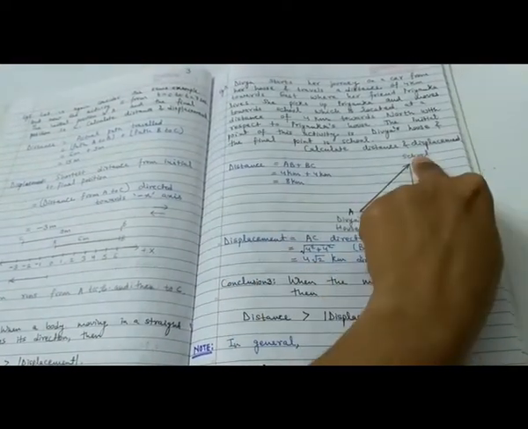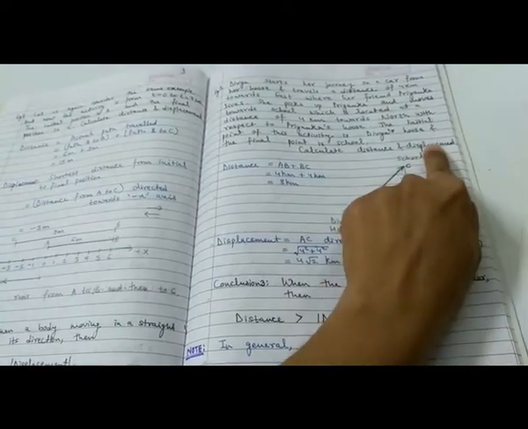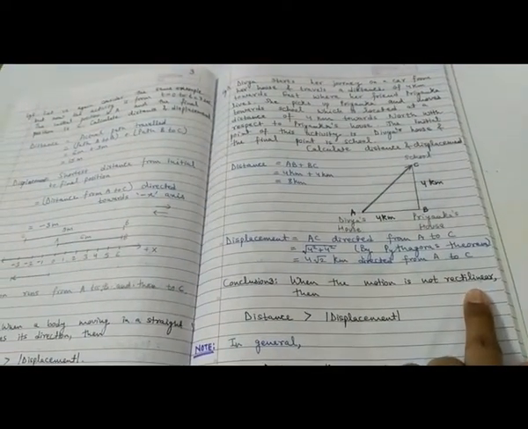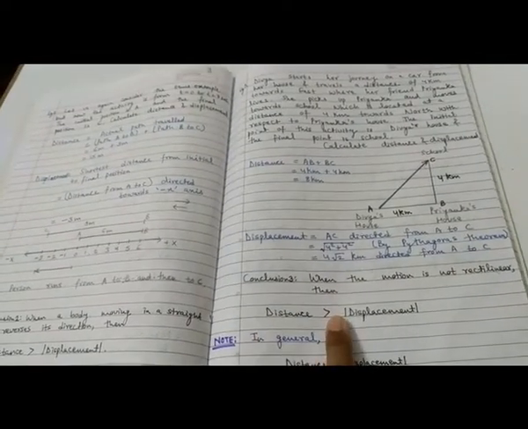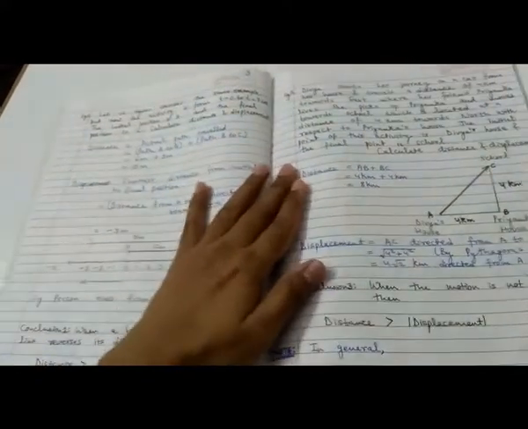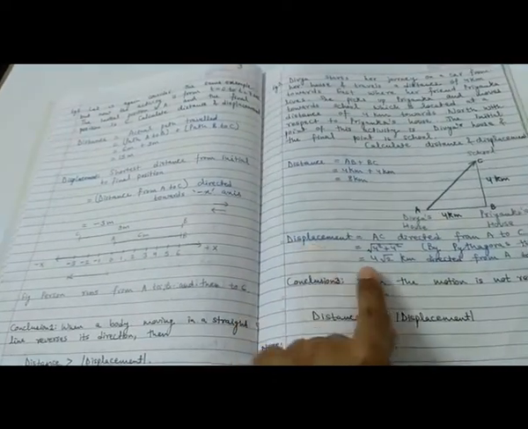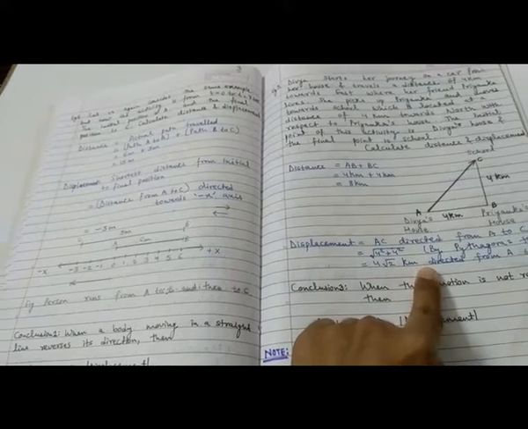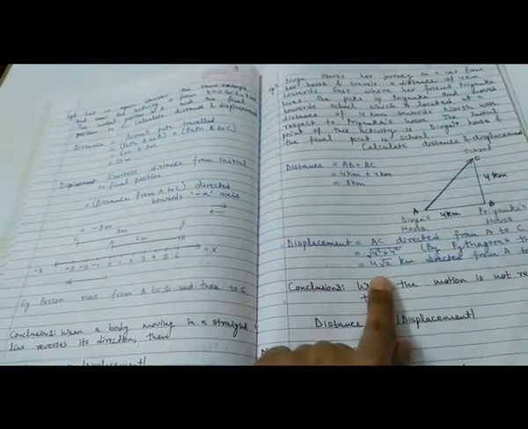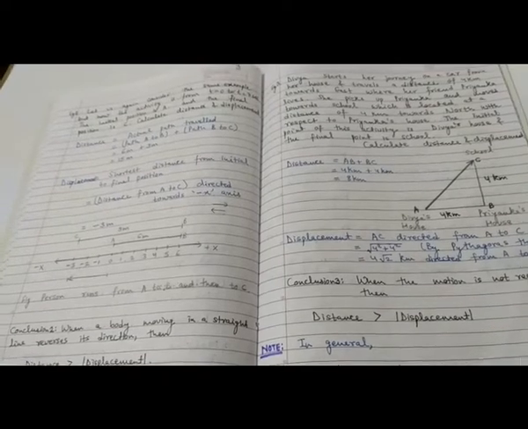So it is not in a straight line from A to B and then B to C. It is not a rectilinear path. So in this case, the distance will always be greater than displacement. In this example also, distance came 8 meter and our displacement came 402 kilometer. So distance came greater than the displacement. So distance is greater than the mod of displacement.